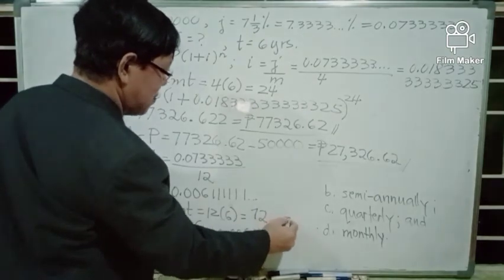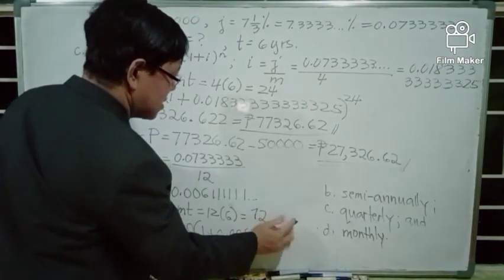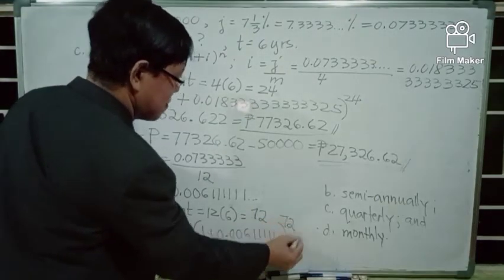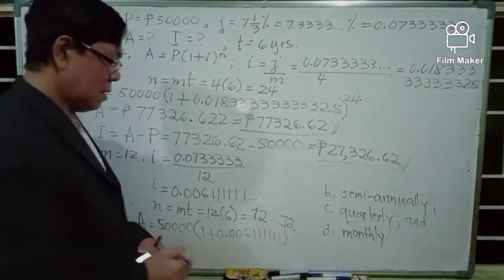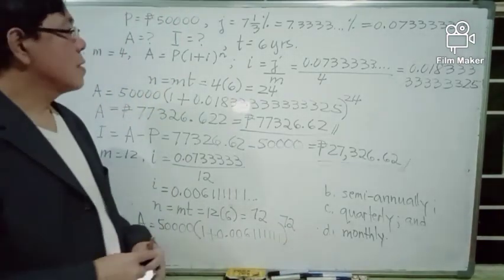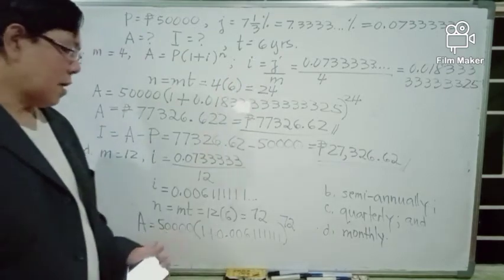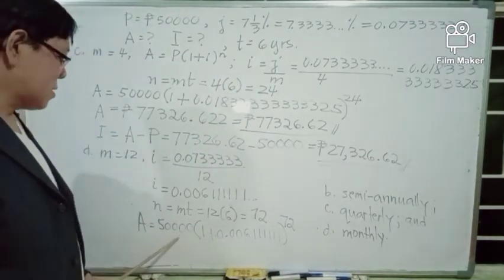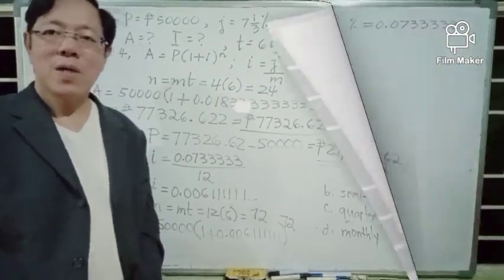The interest will be computed 72 times in 6 years. And we compute this using our calculator.